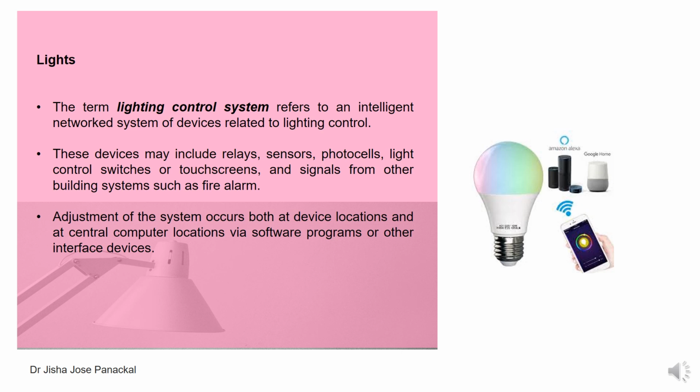Adjustment of the system occurs both at device locations and at central computer locations via software programs or other interface devices, so that we can operate this system at the device locations, or we can operate it in a central remote manner, using centralized control mechanisms.